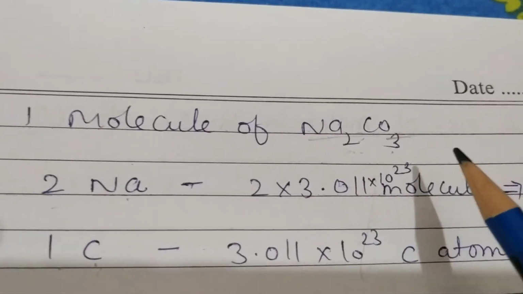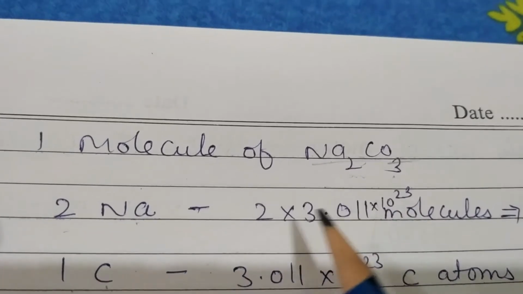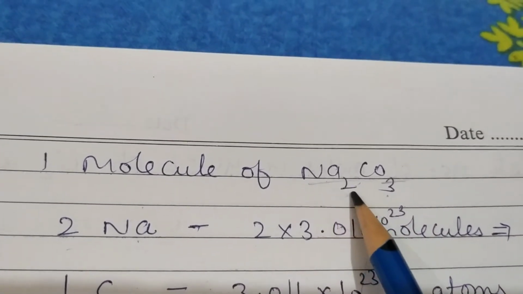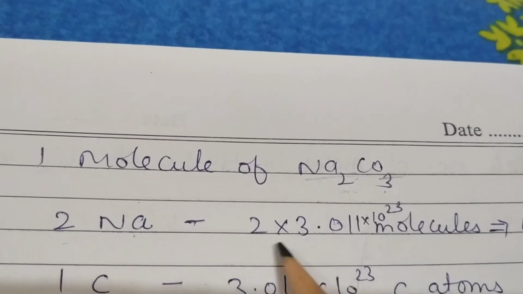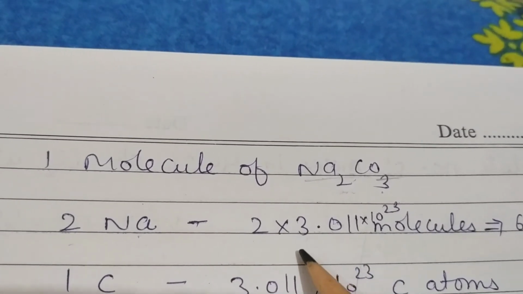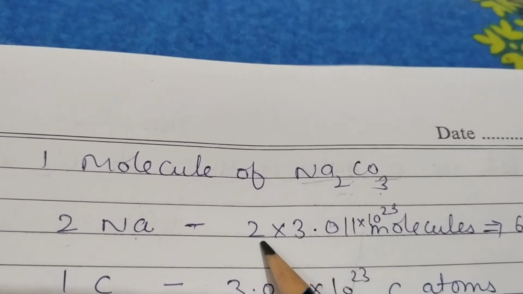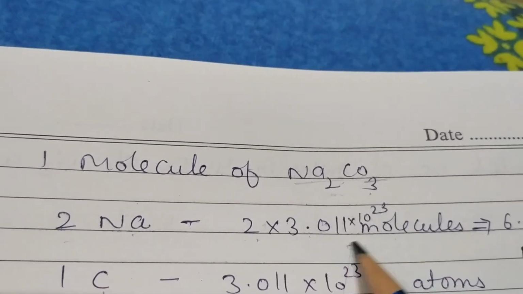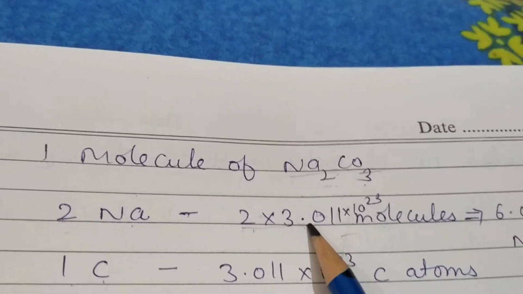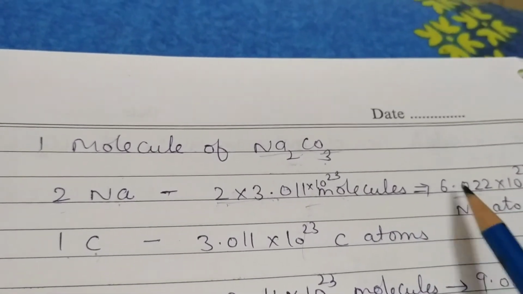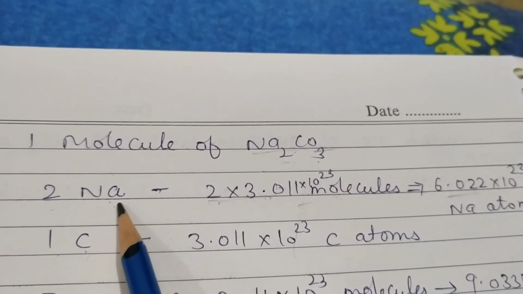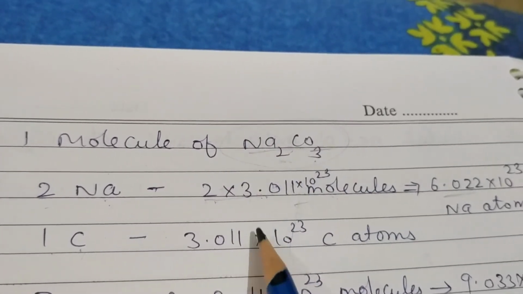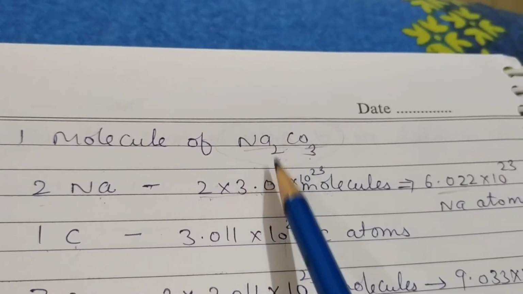So we will find number of atoms from here. So 2 into, we just found the number of molecules, so 2 into 3.011 into 10 raised to power 23 molecules. If we multiply this term, we will get the number of atoms in this molecule, right?